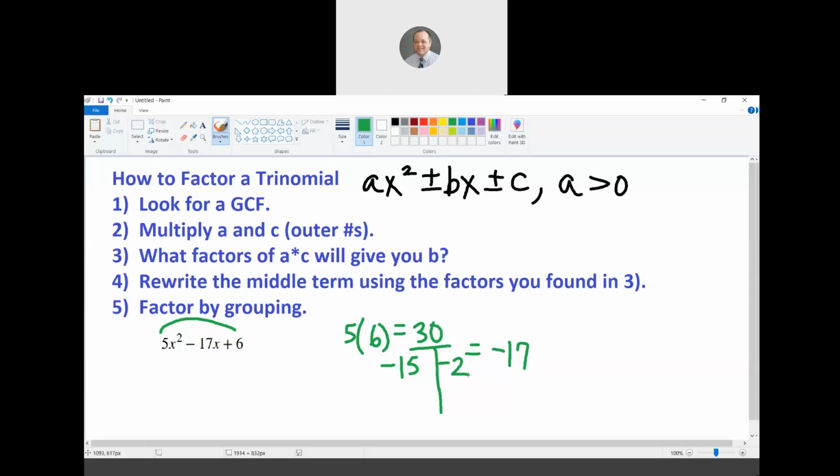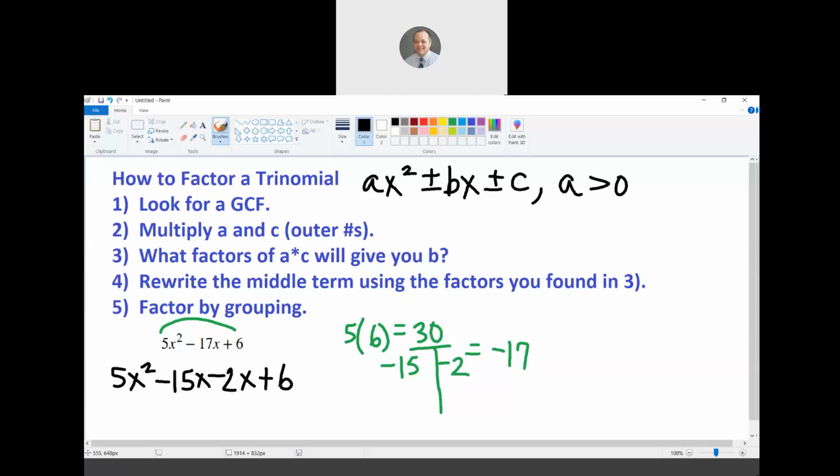Step 4, rewrite the middle term using the factors you found in step 3. So in no particular order, we can rewrite the negative 17x as negative 15x and negative 2x.